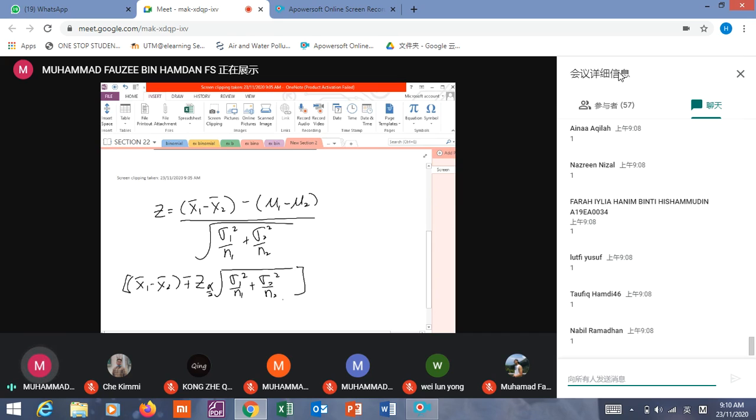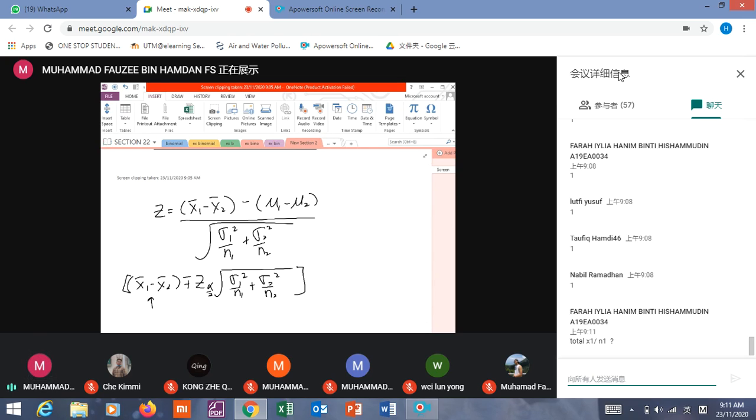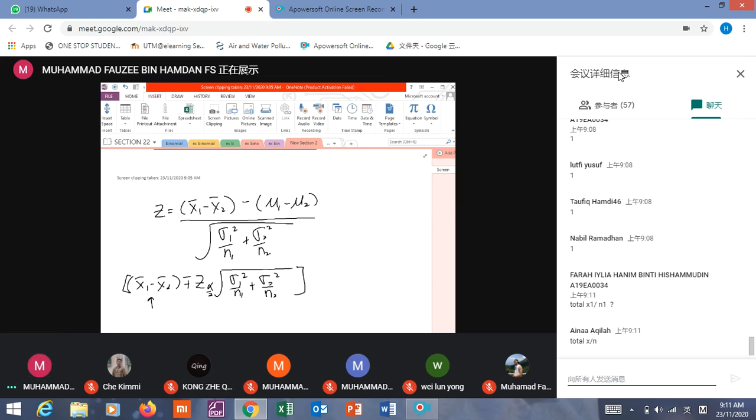So if you use this, all values you get except this. It's not given. So how to calculate this x bar 1 and x bar 2? Okay, good. Total all x and divide by n1. Yes, good. Good, Aina and Farah.